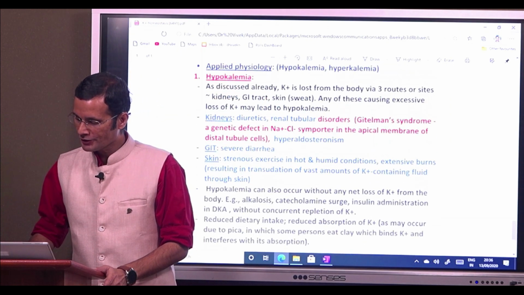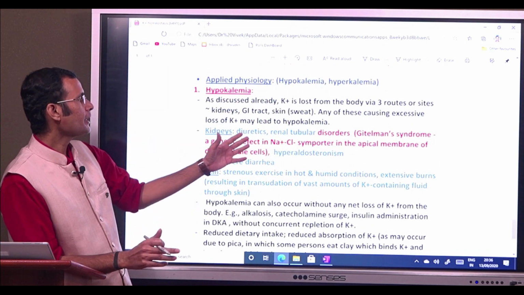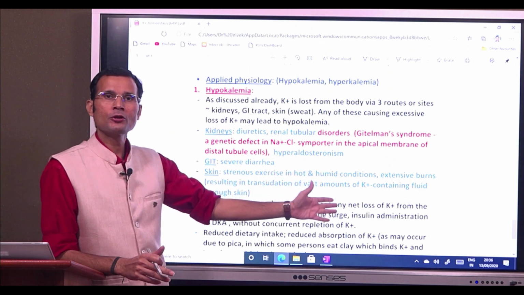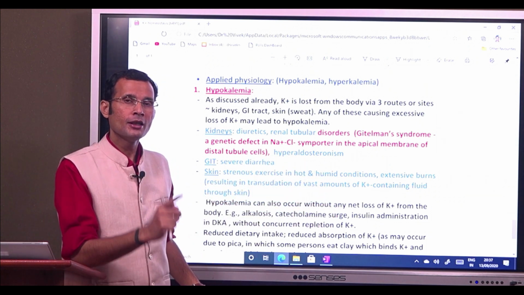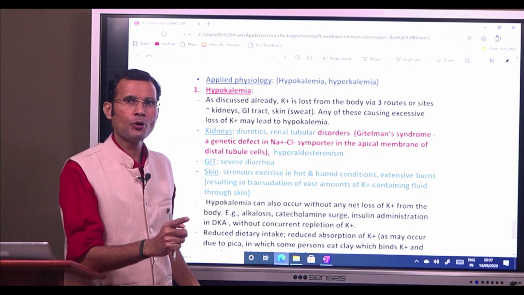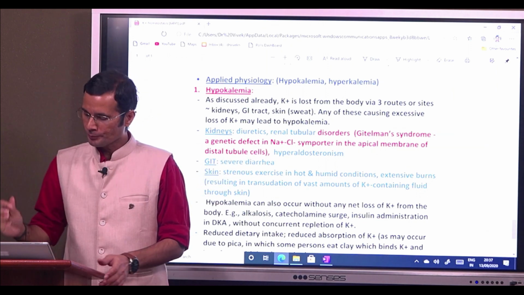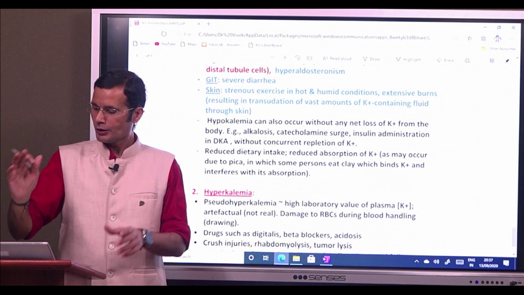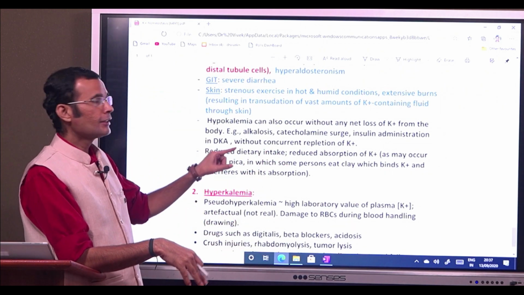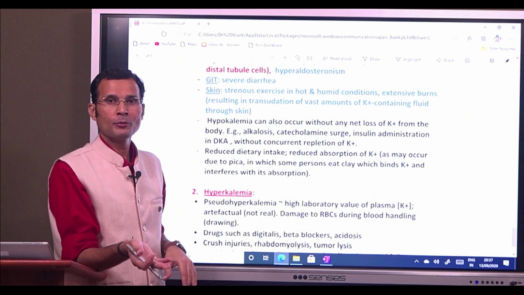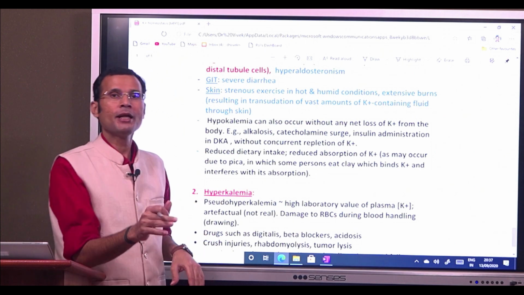Look, in the conditions that I told you just now, like diuretics and hyperaldosteronism, there was net potassium loss into the urine, net potassium lost out of the body, resulting in hypokalemia. But now, in the conditions that I am mentioning, there is no net potassium loss out of the body, but still there can be hypokalemia.